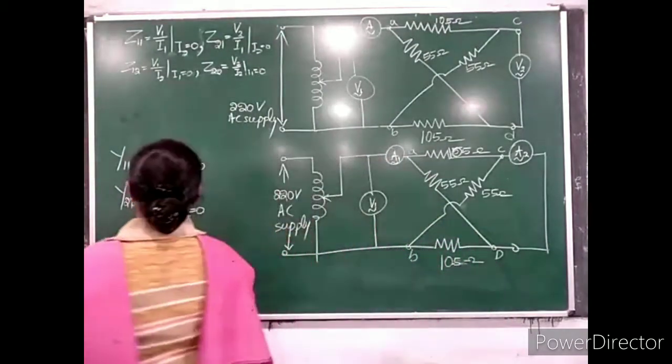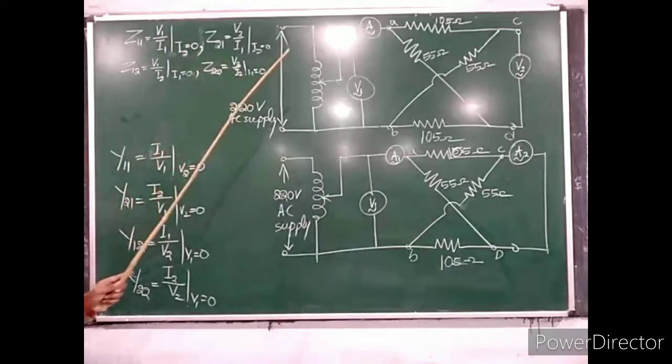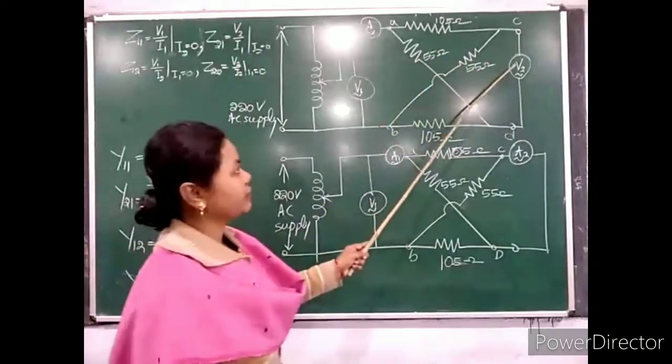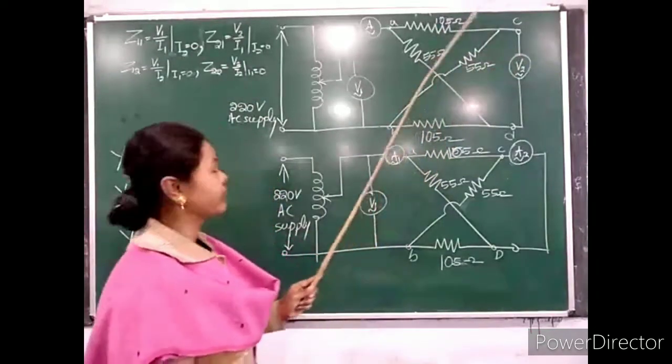Here Z11 is V1 by I1, where I2 is 0, which means the output port is open. Output port open means the I2 current is 0 but the voltage has a value.